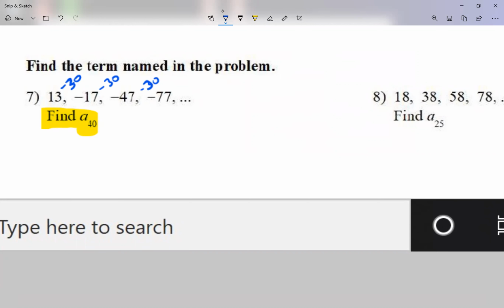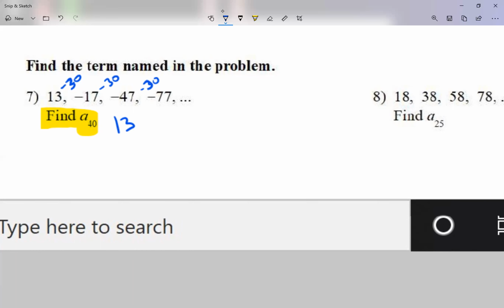And like I said, we can do this the long way. From negative 77, subtract 30 again to get the next number, and then subtract 30 again. Keep on doing it until you write 40 numbers, and that will give you the answer. Again, that's the long way. Another way: let me start at number 13, right? That's the first number on the list.